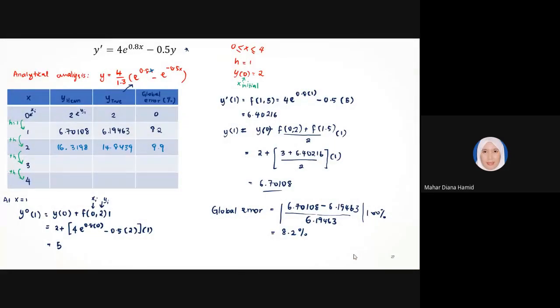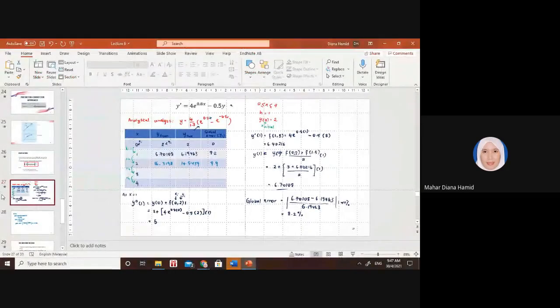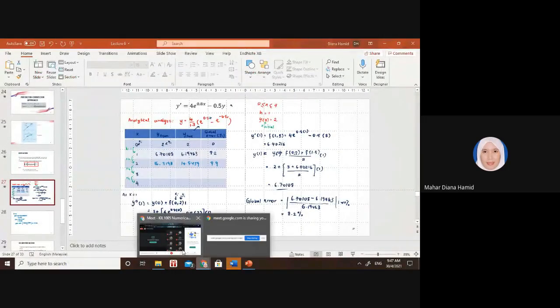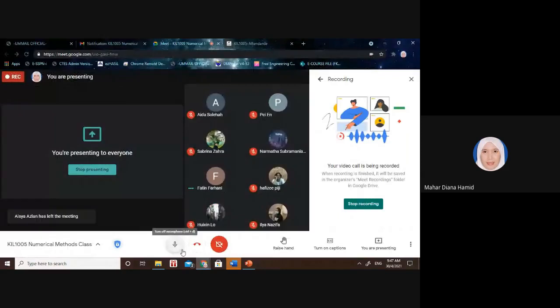Right. Has anyone tried to do x equals to 3? Anyone? No? Fatin?